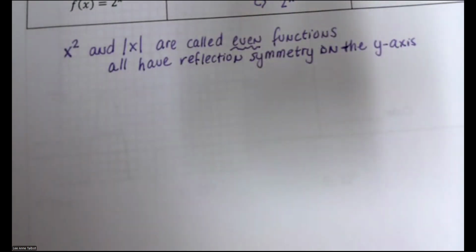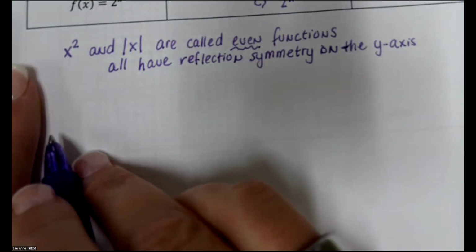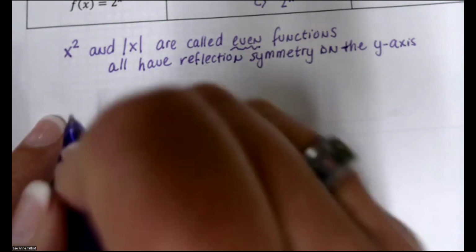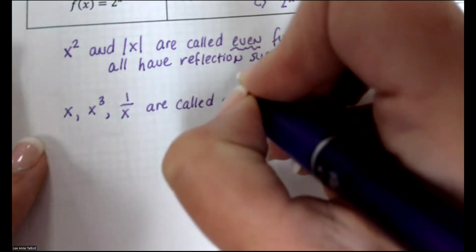Okay, now that you've gotten the symmetry thing down, can you guys tell me the three that match in column 2 and 3? X cubed, 1 over x are called odd functions.